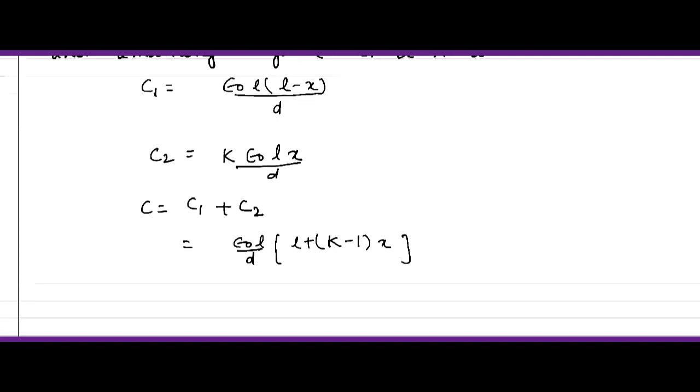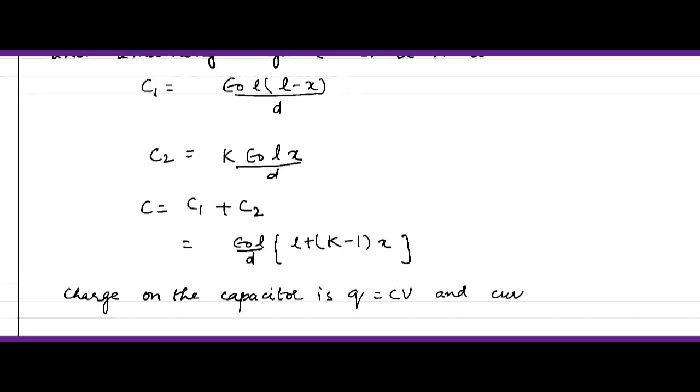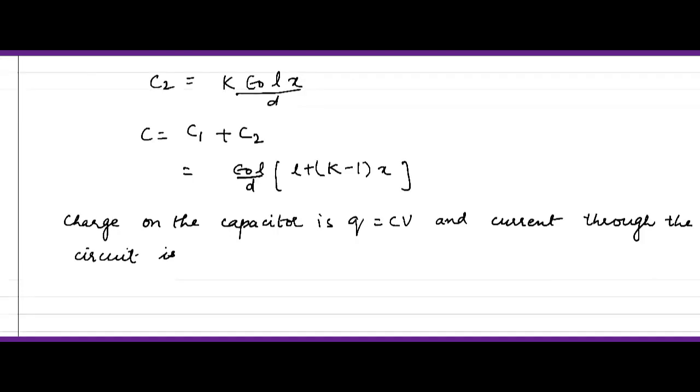Now we know that the charge on the capacitor is Q, which is equal to C V, and the current through the circuit is I equal to dQ by dt. Since Q equals CV, we can write it as V dC by dt.